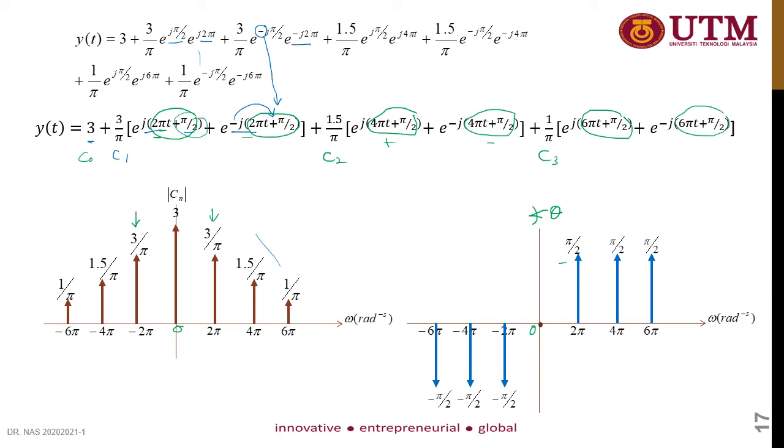At negative 2 pi, the phase is negative pi over 2. Same goes to the second and the third one. So you have completed the equation, the complex exponential equation, and also the double-sided spectrum for the given signal.